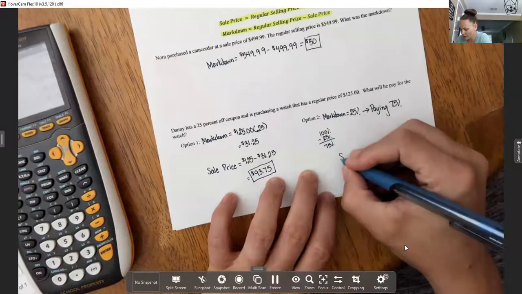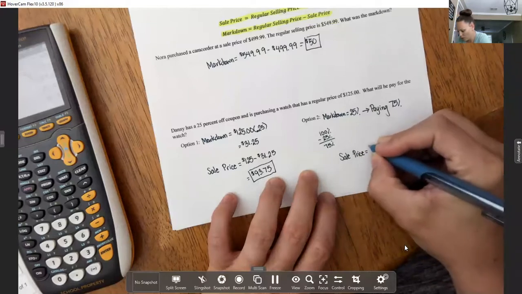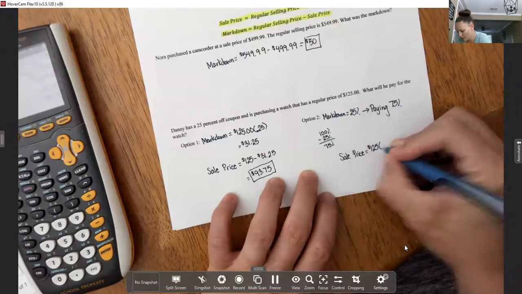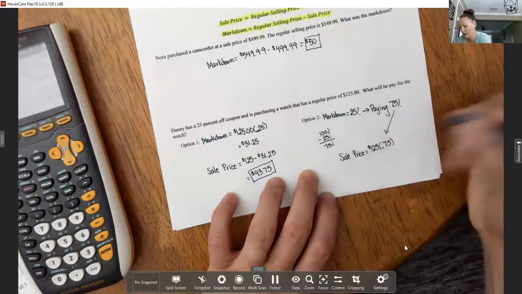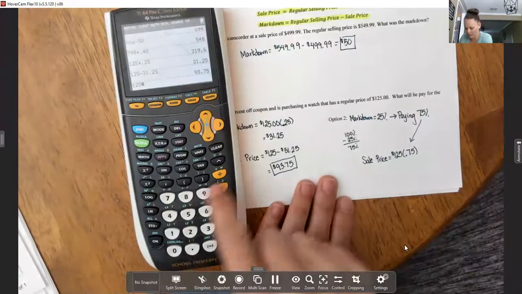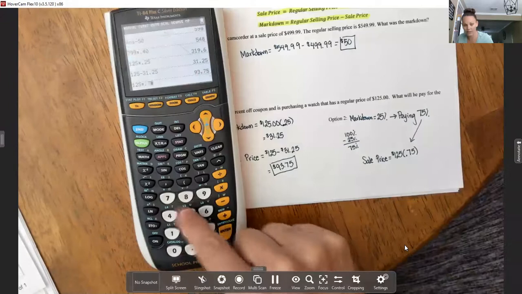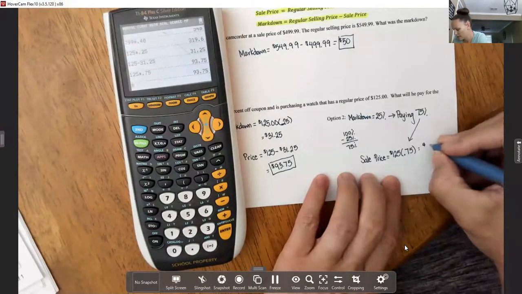So the sale price you could also do is $125 times the 0.75 from how much he's paying. So if I do it that way, 125 times 0.75, I get the same answer.